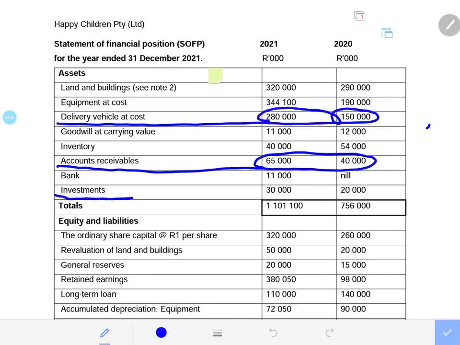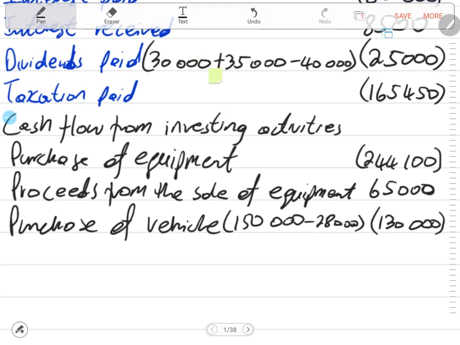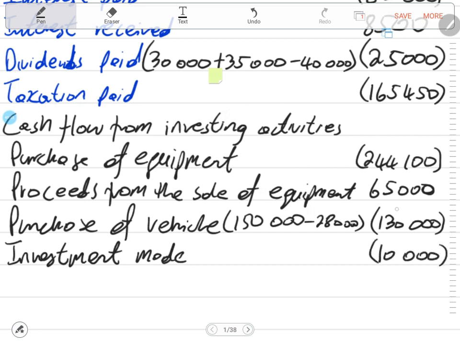Then there is an investment, from 20,000 to 30,000 rands. Our investment increased by an amount of 10,000 rands. So that will be investment made. When we invest, that means we're taking money from the business and investing it somewhere else.